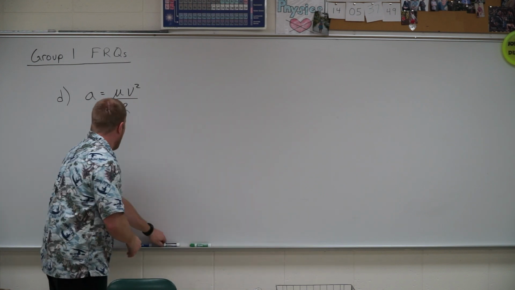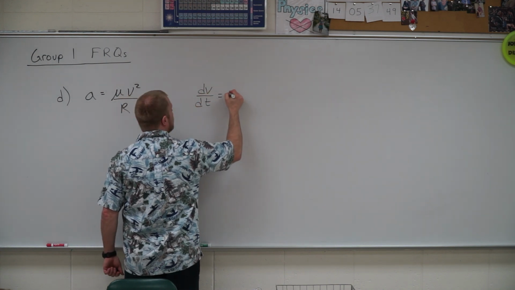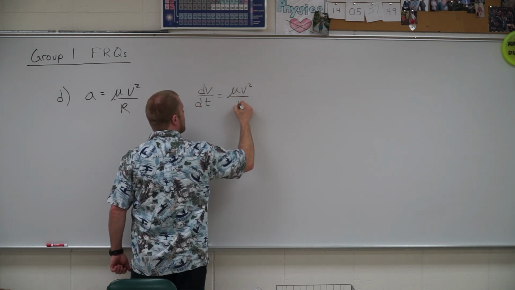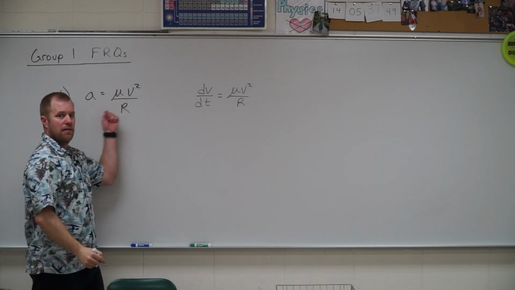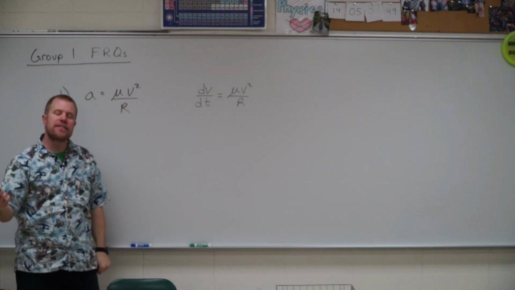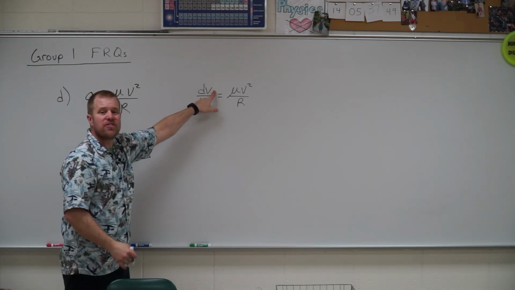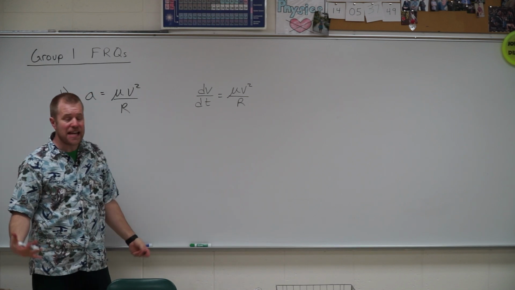And so I would have said, oh, you want dv/dt equals mu v squared over R. We already had it. They just want me to write it as dv/dt because they would be setting me up for this part E, which is solve this equation for v.